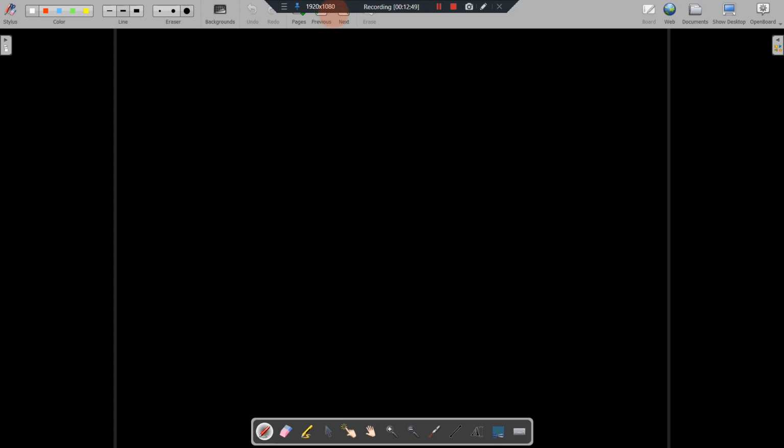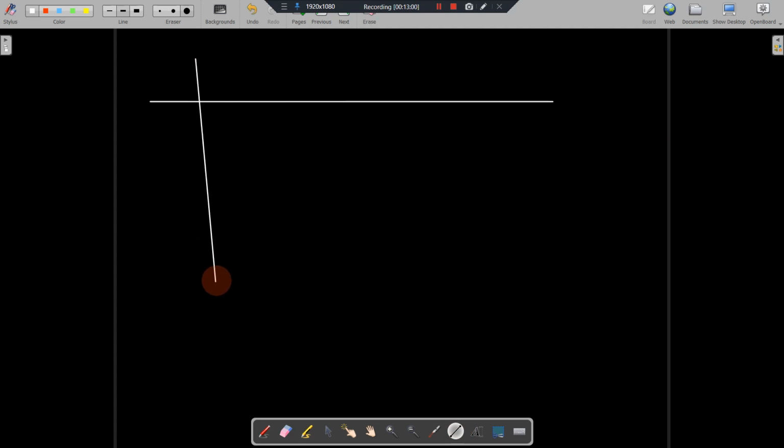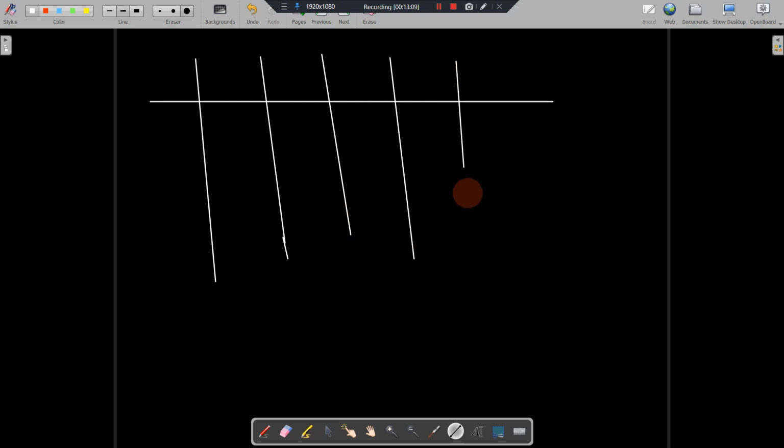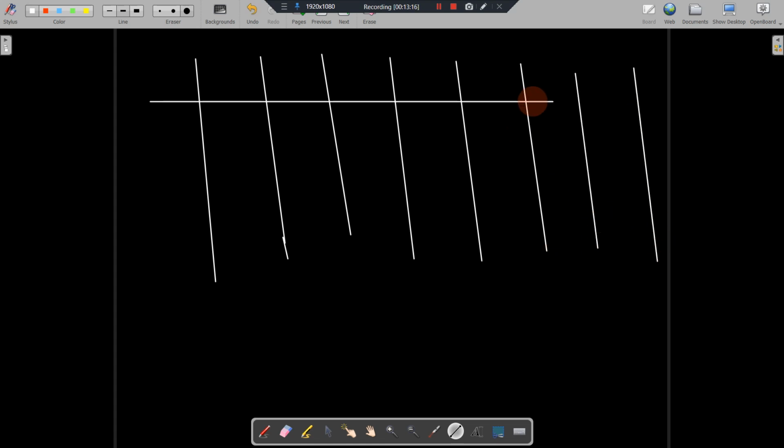Now let us try to identify the pattern. I'm not drawing the whole table.